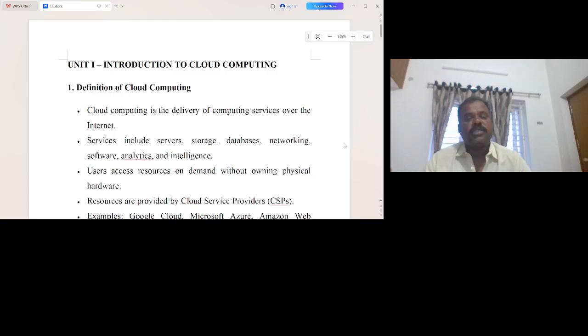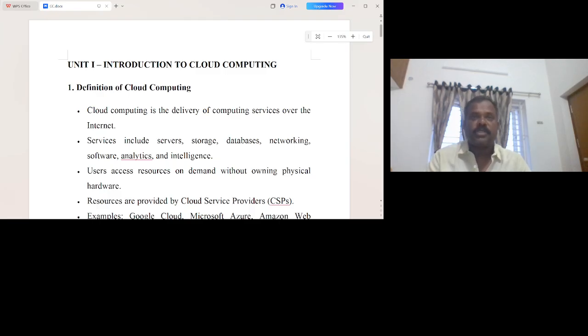Cloud computing is the delivery of computing services over the internet. So cloud computing is fully based on the internet. The basic flow of cloud computing services is: first user request, then cloud server processing.